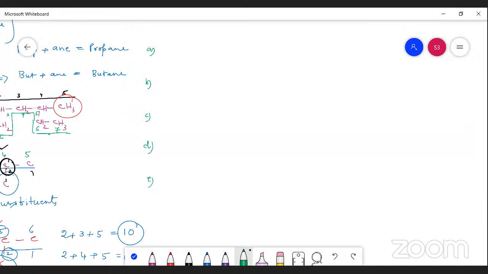Just practice giving names to these 5 compounds.